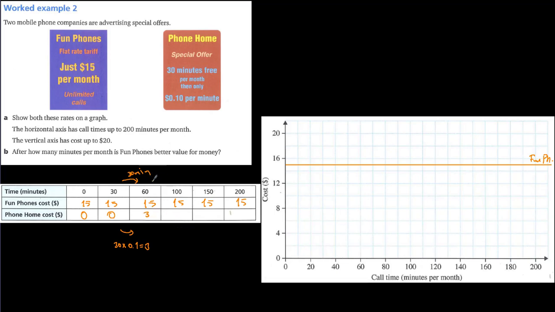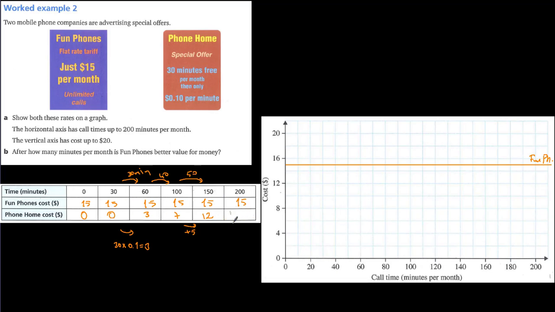Then here we have 40 minutes, so this is plus 4, which becomes 7. And here this one is 50, so 50 times 0.10 is 5, so plus $5, it's 12.